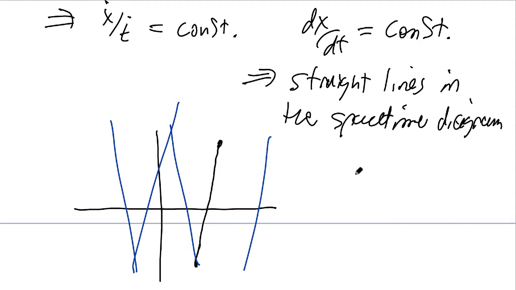And by the way, we could also consider space-like geodesics, so we can pick 2 points that are space-like related and ask for what is the extremum of s, the integral of ds, between these points.